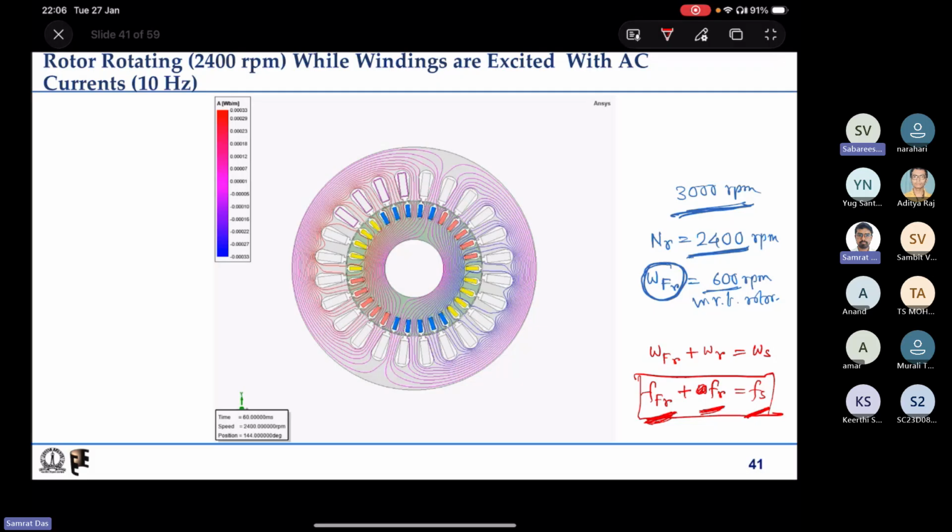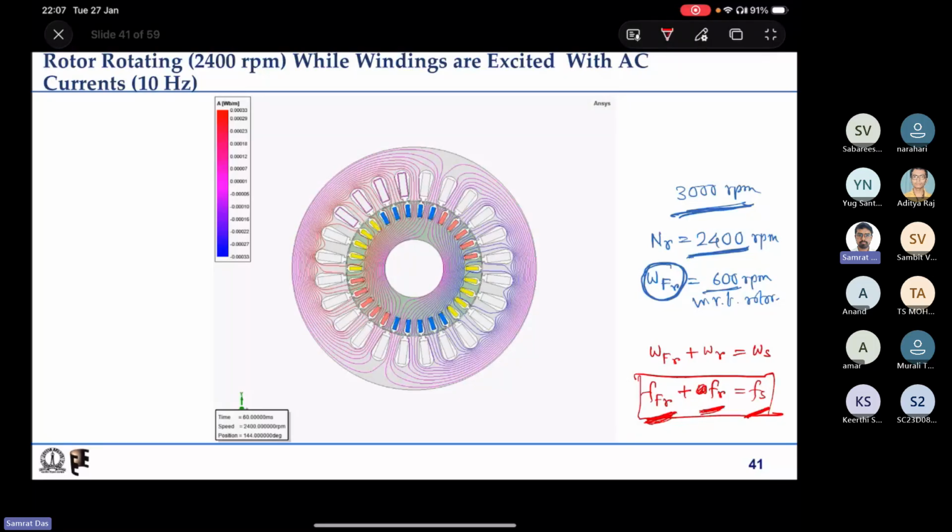So the condition for torque production should be that the fields should be 90 degrees to each other, right? No, the field need not be 90 degrees. The field can be at any angle between 0 and 90 degrees. For maximum torque, it should be 90.